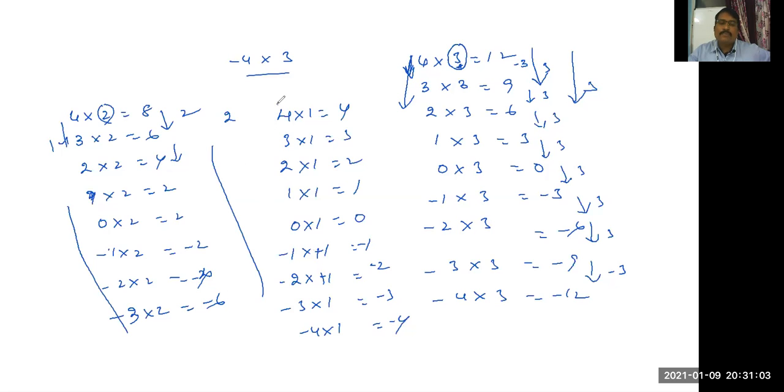Here the multiplier keeps decreasing, the product also decreases. Here the constant is 1, so since we are multiplying with the constant term, automatically only that constant value decreases in the product.